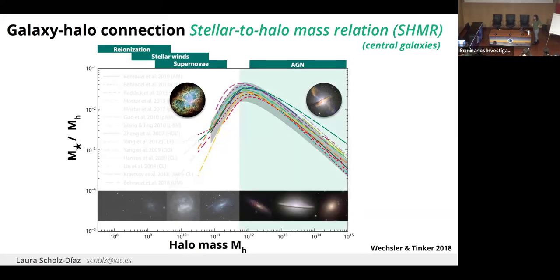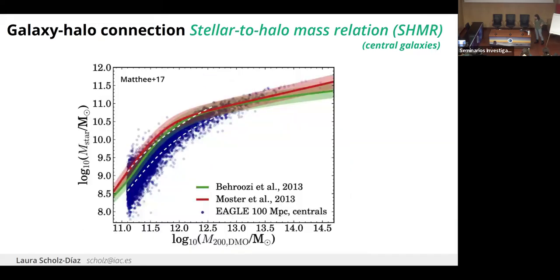So for the rest of the talk, I'm going to focus on the high mass end of this relation. In addition to that, this relation has some scatter. So now I'm plotting stellar mass as a function of halo mass; before we had the variety of stellar and halo mass, that's why we saw a U shape.